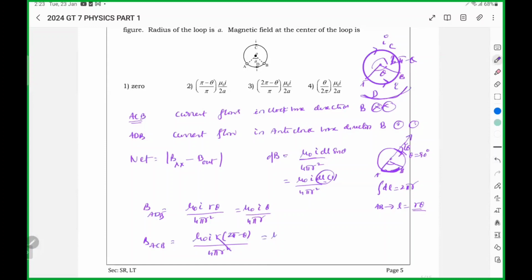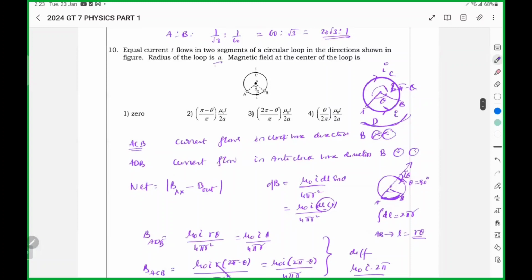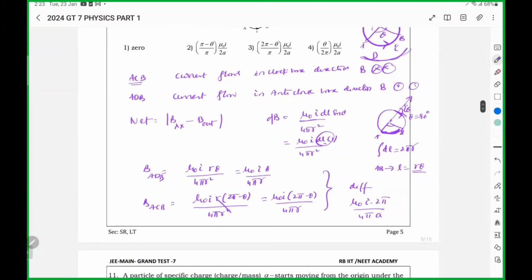Mu naught I 2 pi minus theta by, so taking the difference, theta theta get cancelled, 2 pi by 4 pi r. R in the sense he took the radius of the loop as a, 2 pi 2 times you get mu naught I by 2a.